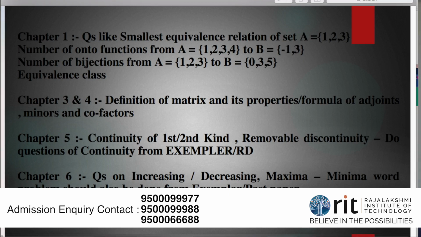So read what each is. Do questions of continuity from the exemplar, not from RD Sharma. Next, chapter number 6: questions on increasing, decreasing, maxima, minima. Word problems should also be done from past papers and the NCERT exemplar. So don't rely only on NCERT questions in chapters number 5 and 6.